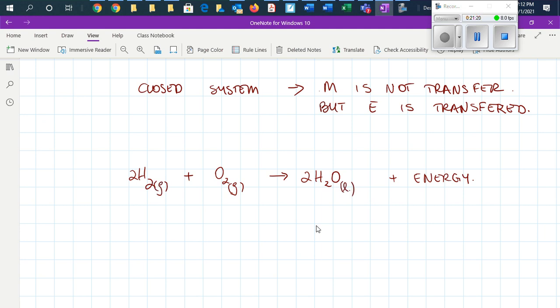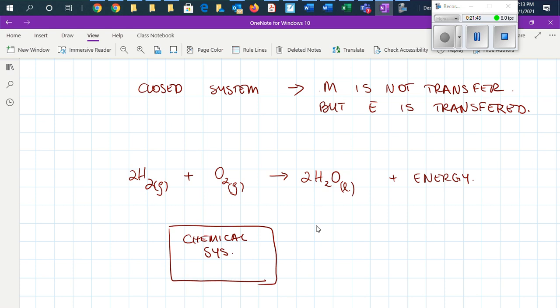So now how do we see this? Let's suppose that we have again a chemical system here. It can be anything. It can be, as in the case that we saw, 50 milliliters of hydrochloric acid and sodium hydroxide, or it can be in the form of hydrogen and oxygen to produce water. So this is the chemical system.